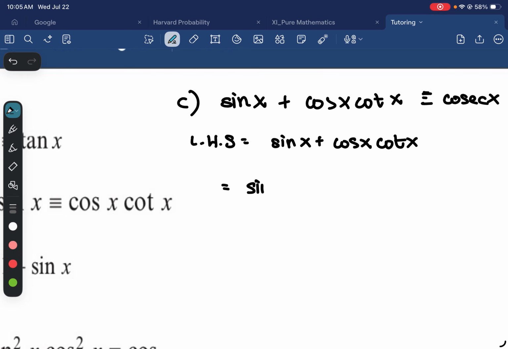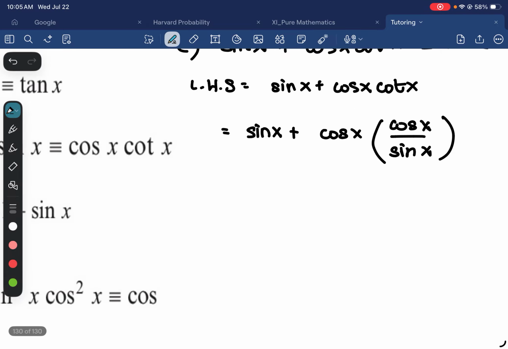Sin x, let me keep as it is, plus cos x. Cot x can be written as cos x over sin x, right? It's the reciprocal of tan x, and tan x is sin x over cos x. So cot x would be cos x over sin x. All right, so I have sin x plus, if I simplify this, cos squared x over sin x.